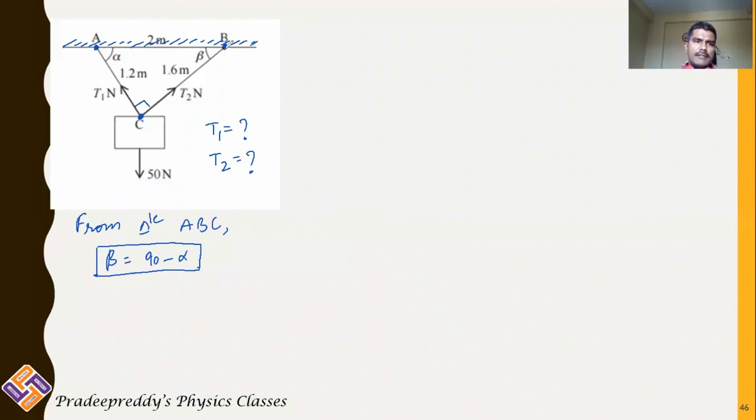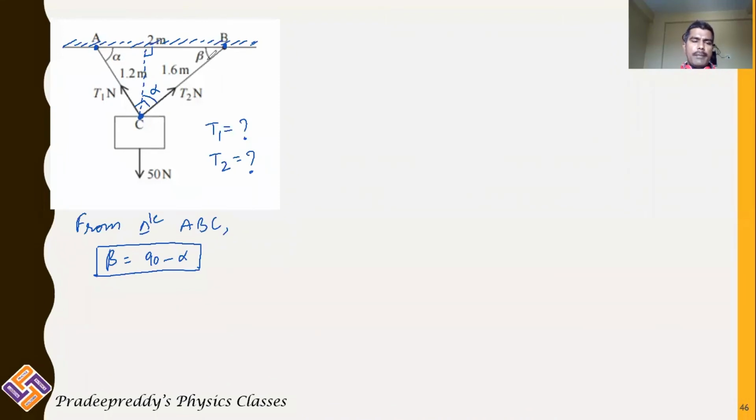Okay. Next. Now I'll drop one perpendicular here. This is one perpendicular, and this angle is 90 now, because you are dropping one perpendicular. This angle is 90 degrees, and this angle becomes beta. If this is beta and this is 90, obviously what will be the other angle? Other angle should be alpha, because from the big triangle ABC we have learned that alpha plus beta is equal to 90.